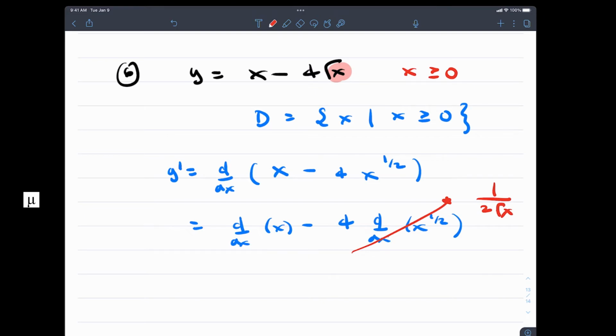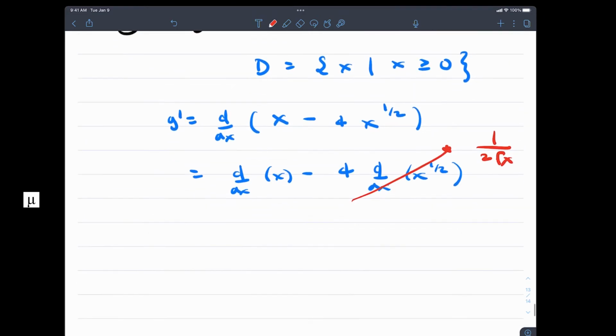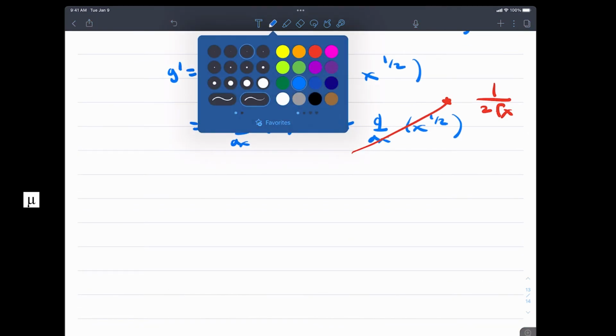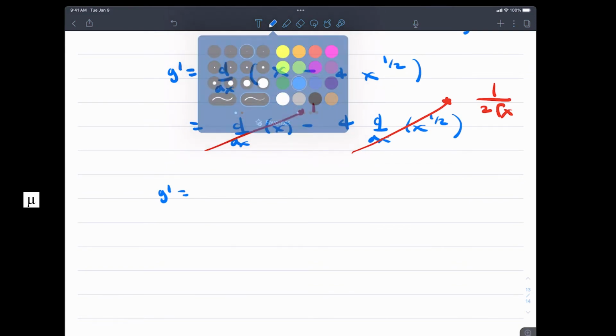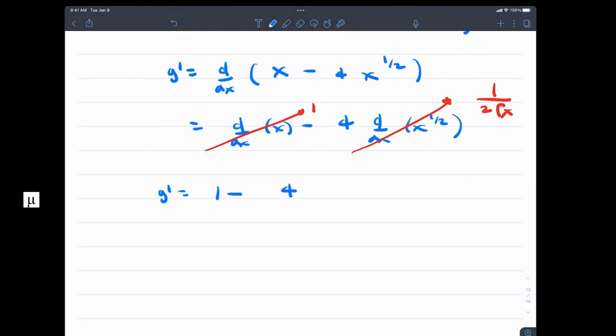X to the 1/2 shows up, so that's 1 over 2 square root of x. And then what's this derivative? This is going to be what? 1. So 1 minus 4 over 2 square root of x. It's 1 minus 2 over what? Square root of x. So I'm glad we're going over these. Okay, you guys okay with this one?